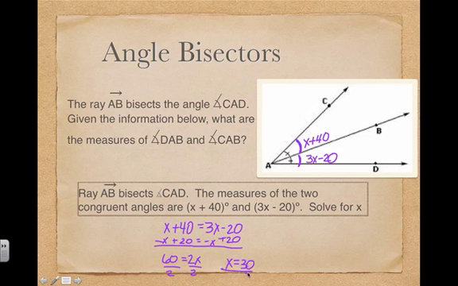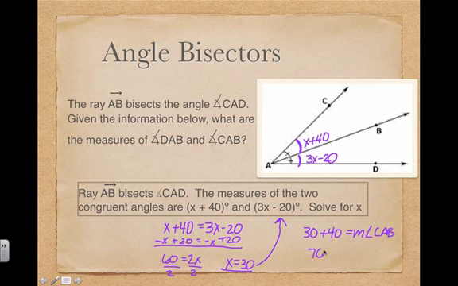Okay, so now that we have this information, we can plug it into either one of these and find the measure of the angles. So we are going to plug it in. Let's go ahead and plug it into x plus 40. So we know x is 30, so we have 30 plus 40. That's going to give us the measure of angle CAB.